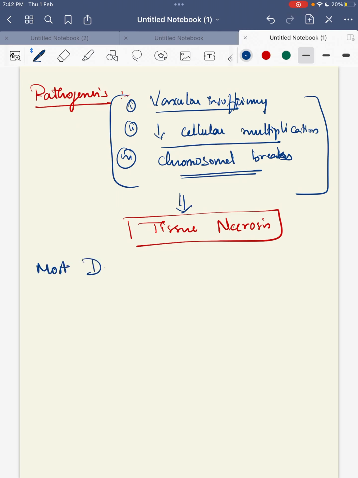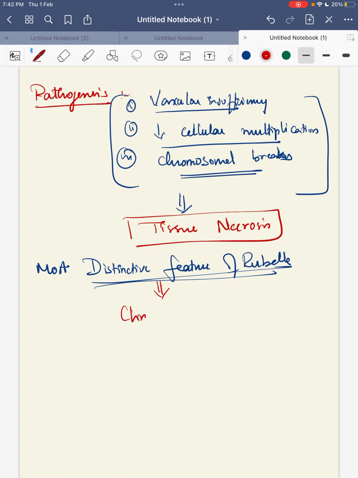The most distinctive feature of rubella, which can be asked in your MCQ and also in your viva, is its chronicity.